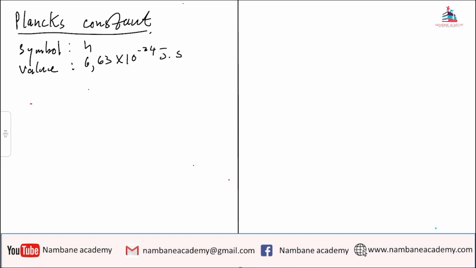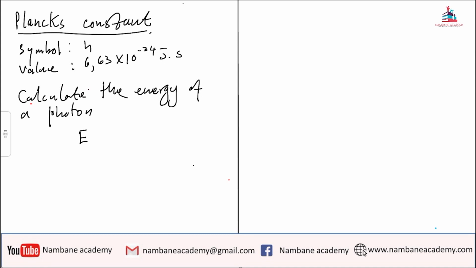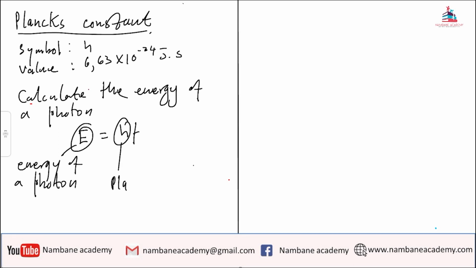Now this brings us to calculate the energy of a photon. The equation is E equals hf, where E is the energy of a photon. H is Planck's constant. And what is the SI unit for the energy?